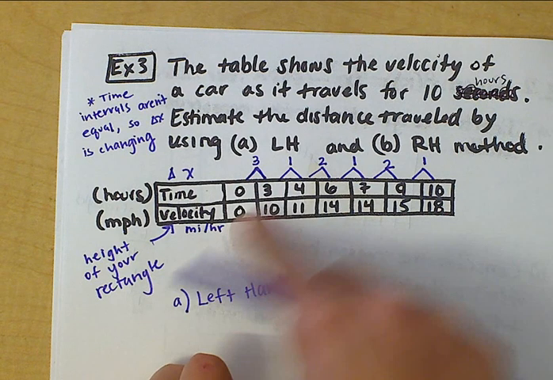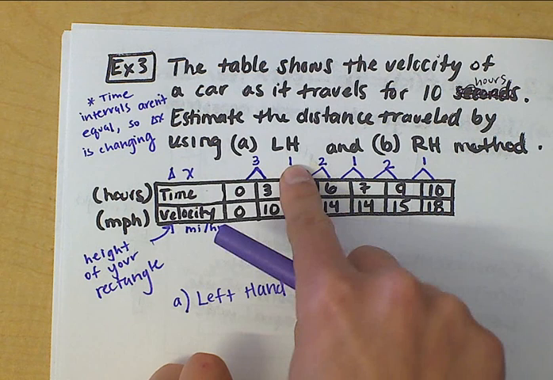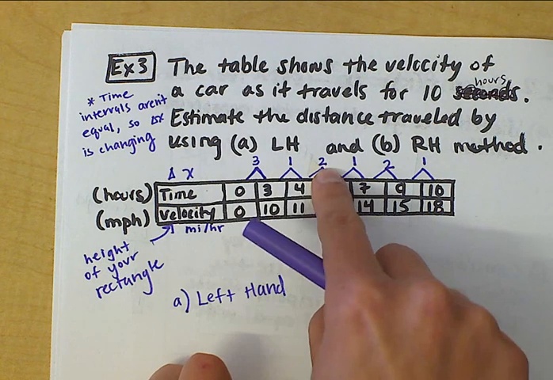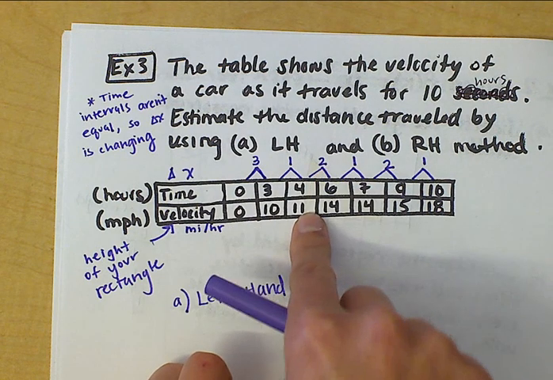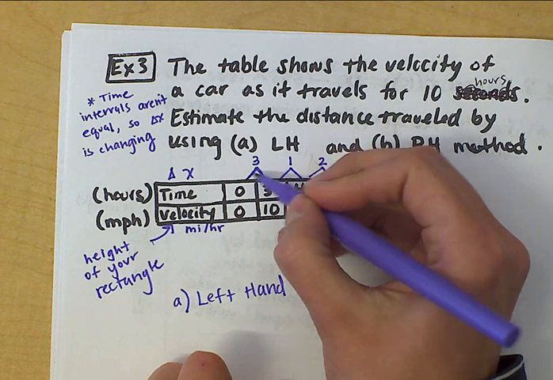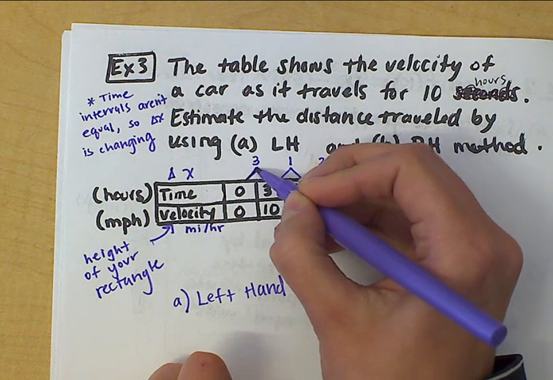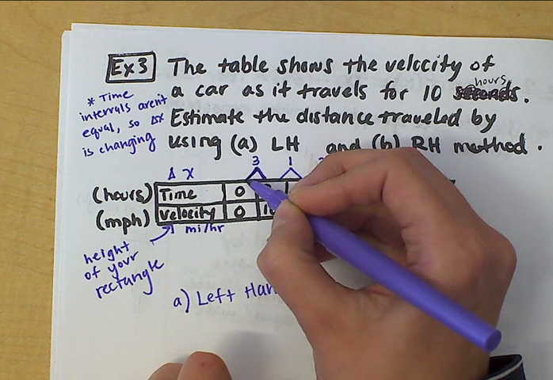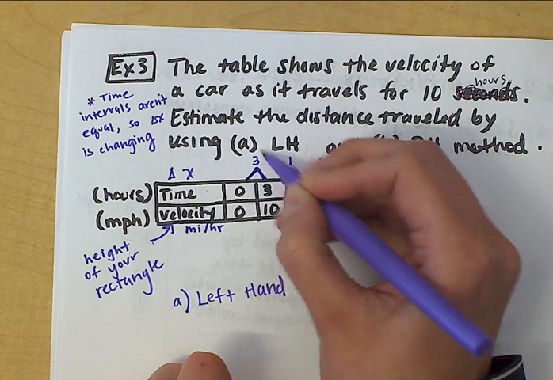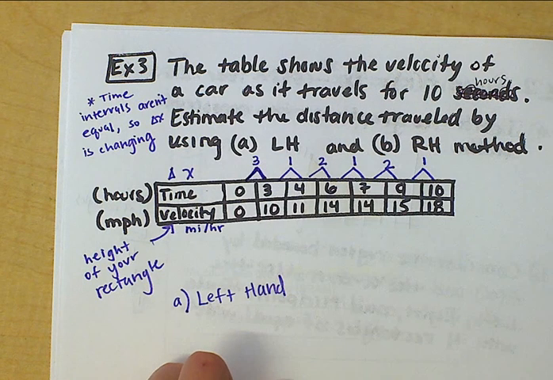And then where the base is 1, choose the height on the left. When the base is 2, choose the height on the left. So that's why this little arrow is kind of important, because it can distinguish, okay, here's your left height, here's your right height for the rectangle that has this width.